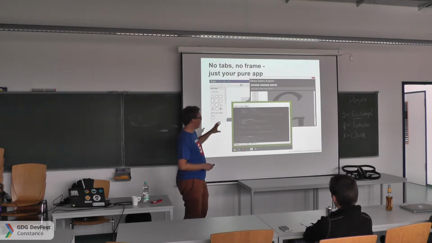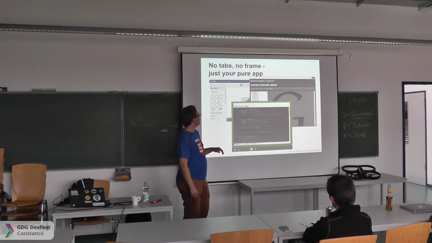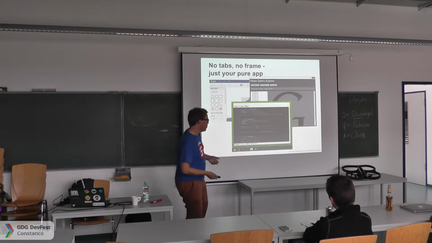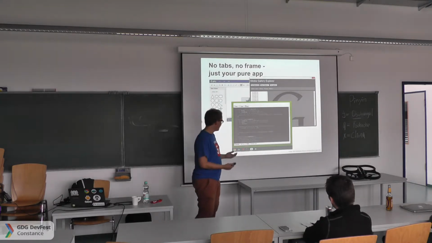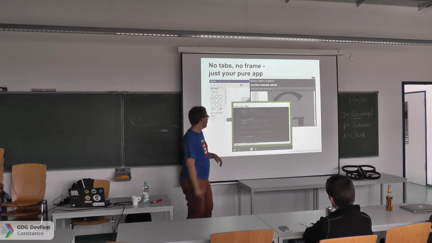I have some pictures here, but I'll show you some sample apps later. As you can see, these are not the most beautiful apps, but you can see the pattern. It has no relation to a normal Chrome window. You see no tab, you see no address bar.